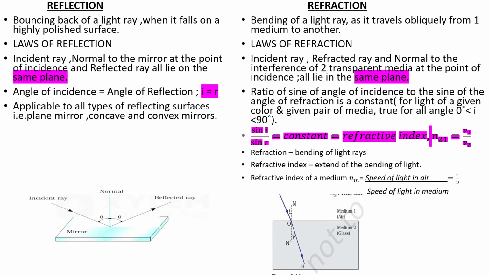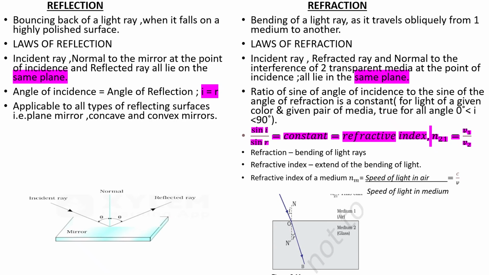The second law of reflection says the angle of incidence i is equal to the angle of reflection r, while in refraction, the ratio of the sine of the angle of incidence to the sine of the angle of refraction is a constant, and that constant is for the light of a given color and a given pair of media.